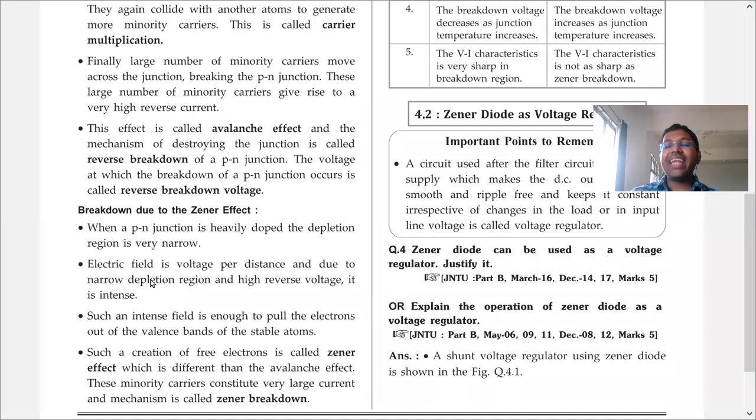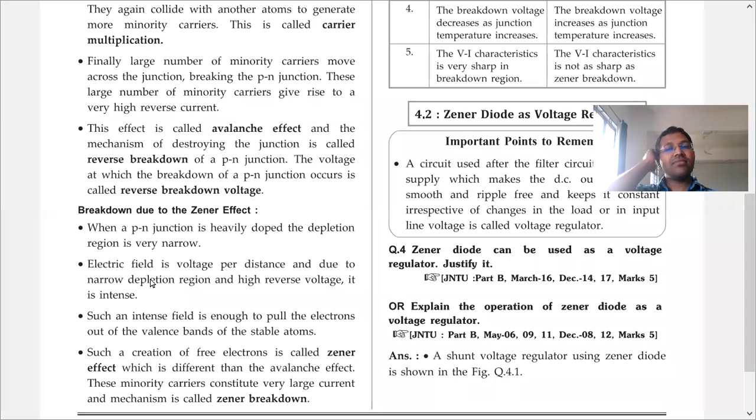Next, electric field intensity is voltage divided by distance. If distance is more, electric field intensity is less. When the distance is less, electric field intensity is high. The formula for electric field intensity is voltage divided by distance.